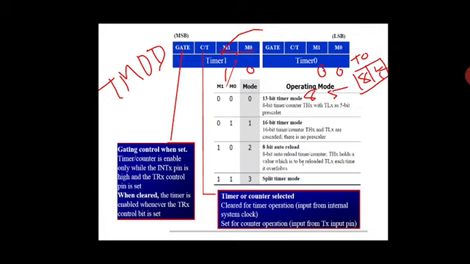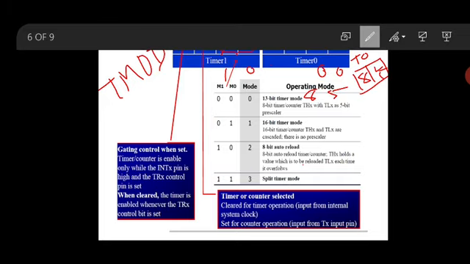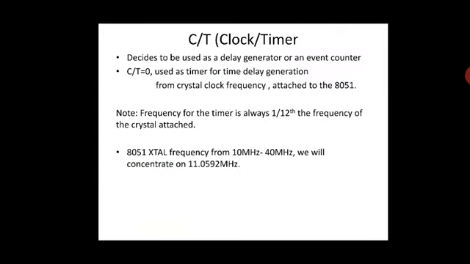Now we'll separately see what C and T means, that is counter or timer mode. The third bit of each timer is C/T, the clock or timer selection.